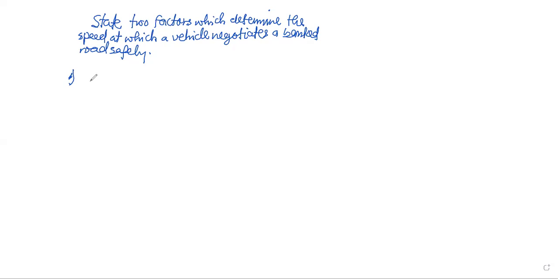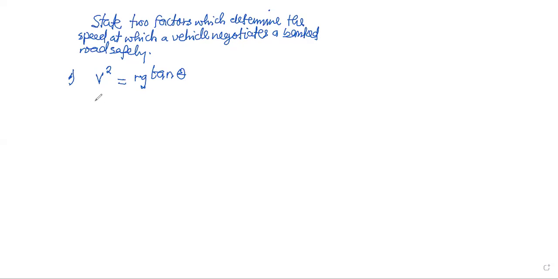Don't forget when we went through the banked road, we saw that the square of its speed is equal to the radius times the tangent. Okay, this is when the vehicle does not depend on friction.